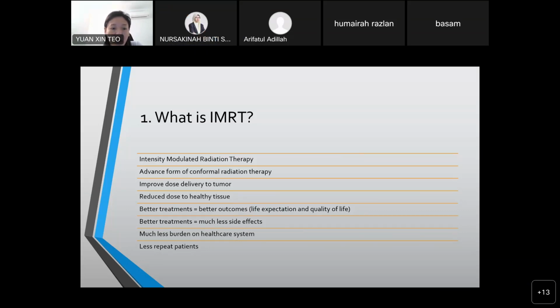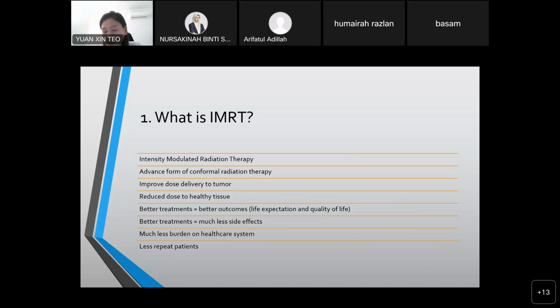And here you will see a much lower burden on the healthcare system. This means if everyone is treated with 3D conformal therapy compared to everyone being treated with IMRT, they may encounter a lot of side effects. For example, for head and neck cases, you need to see a dietitian, you need to see the ENT doctors.